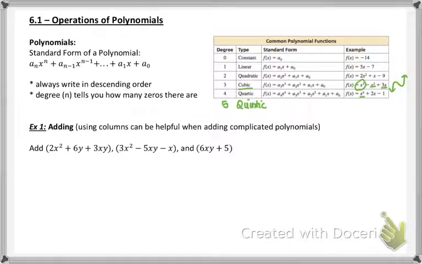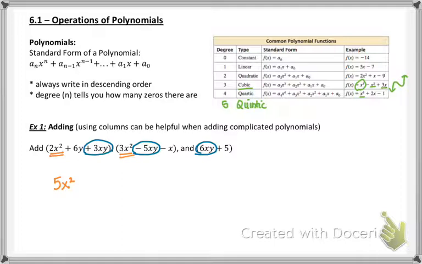So if I want to add these 3 polynomials, all we're doing is combining like terms. And so let's go ahead and combine like terms. I've got 2x squared, and I've got 3x squared, and those I can combine to make 5x squared. Okay, and then I've got the positive 3xy, and I have a negative 5xy and a positive 6xy that I can combine.